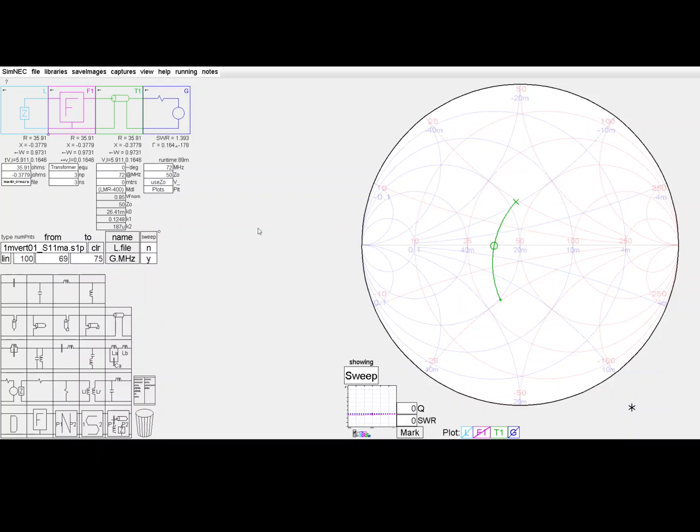Now I want to look at what happens again if we insert some transmission line here. I'll put in 0.1 meters, and as we saw in the bigger example of the spiral, but it's a bit clearer here, it's rotated around the center of the chart. And as we increase that transmission line, you'll see that rotate.